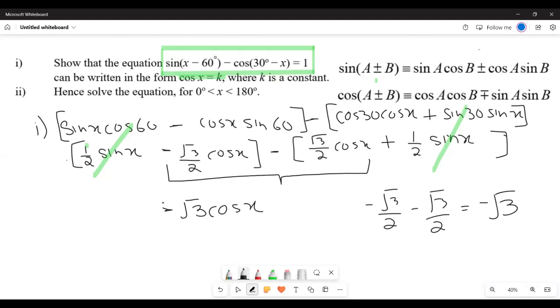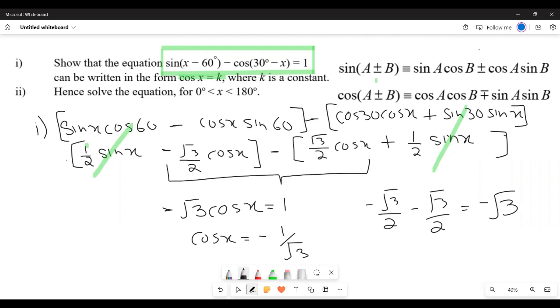Okay, so we're getting minus root 3 cos x equals 1. That means cos x equals minus 1 by root 3. And we've shown that cos x equals k. Okay, we're done with part 1 here.